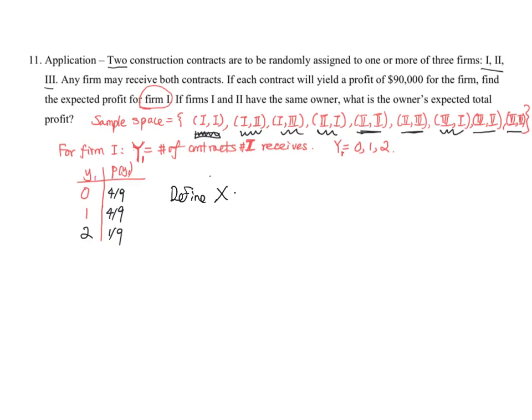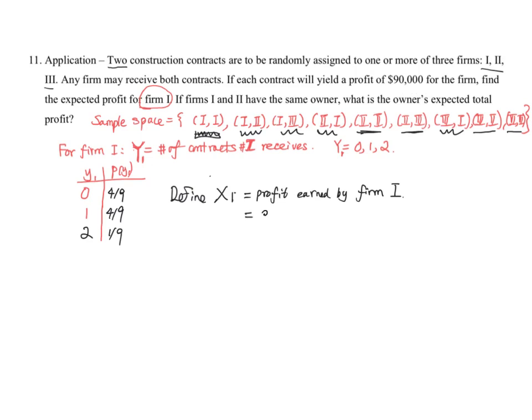So define X1 to be the profit earned by firm number one. And obviously, how much profit? Each contract yields 90,000.